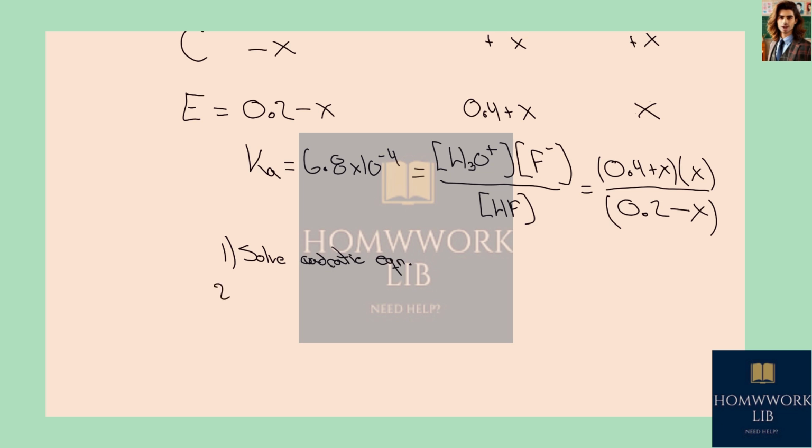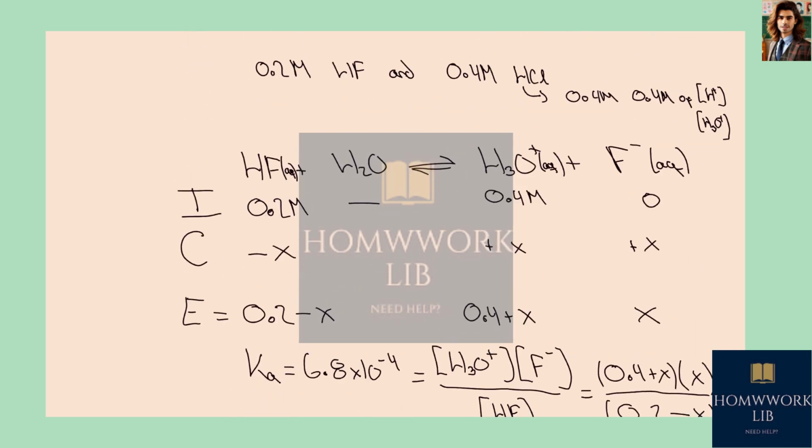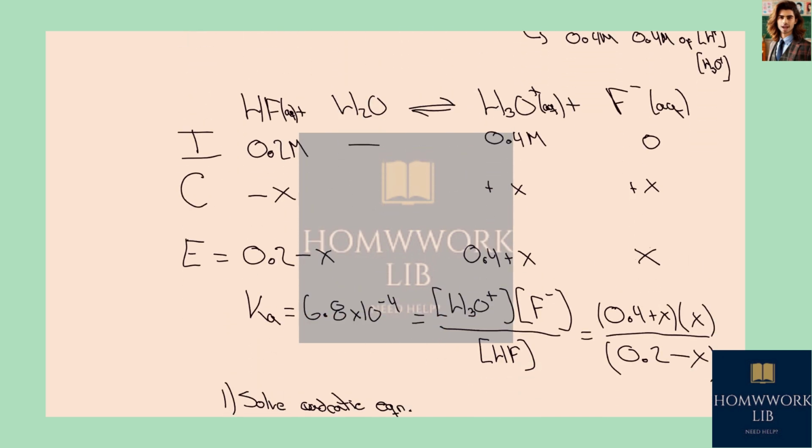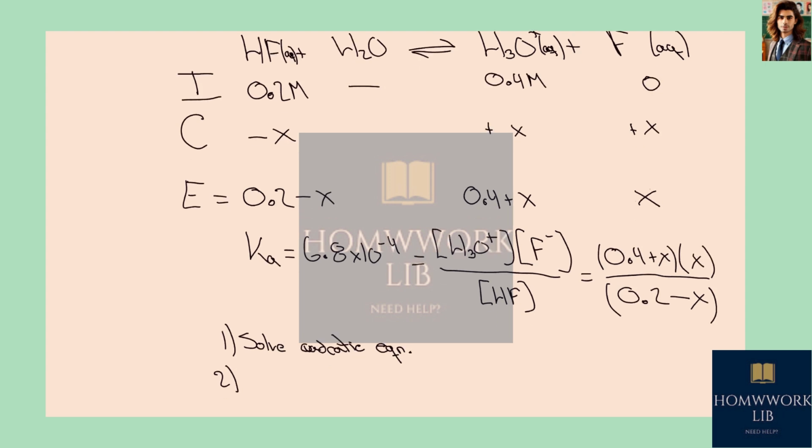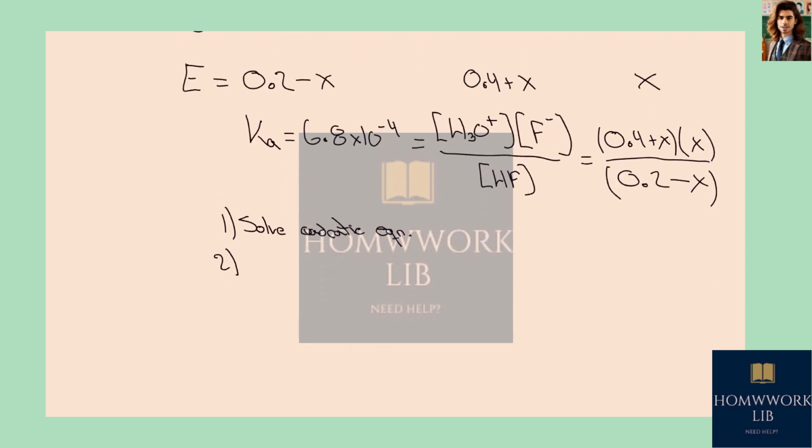And the second one is rationalizing the fact that the dissociation constant for this is on the order of 10 to the minus 4, so if x is much smaller than 0.2, this would imply that 0.4 plus x would be approximately 0.4, and that 0.2 minus x would be approximately 0.2.